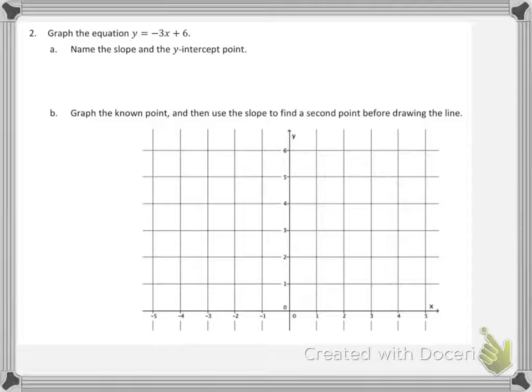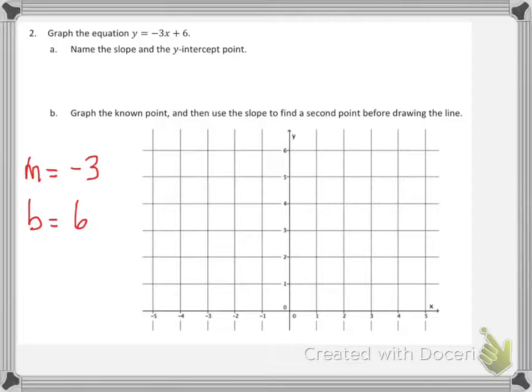Next, graph the equation y equals negative 3x plus 6. Name the slope and y-intercept, and graph the known point. Got it. All I need is slope. Slope equals the coefficient of x, which is negative 3. The y-intercept is whatever that constant is. It's a 6. So there's my slope and y-intercept.